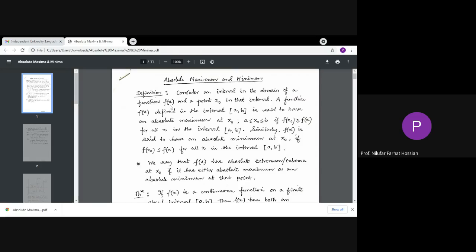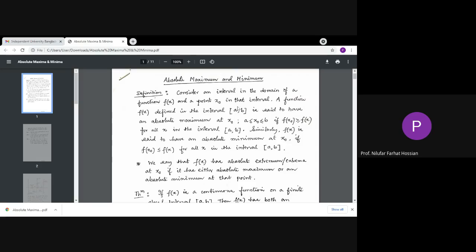You are considering a big interval which contains this particular point x naught. A closed interval, of course. A function f(x) defined in the interval [a, b]. You see, this is closed. Third bracket means it is closed. Closed means x can be exactly equal to a, the lower limit, and x can be exactly equal to b, the upper limit.